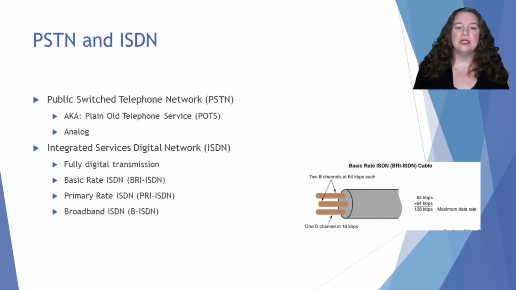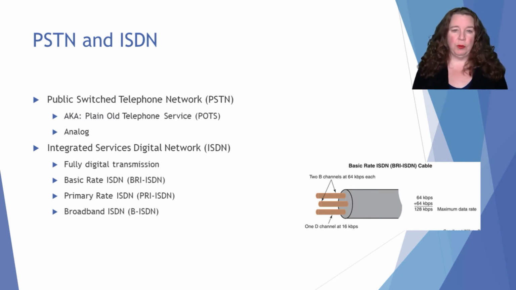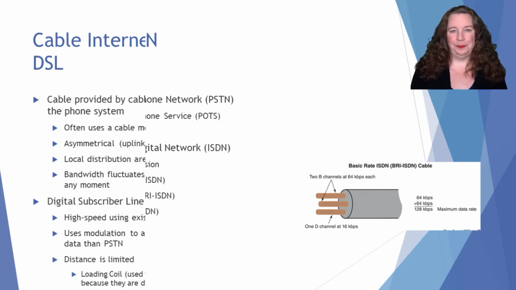And it can go up to about that 1.5 megabits per second as well. So both the primary rate and the broadband both go up to that 1.5 megabits per second, but the primary rate has to send a single frequency where the broadband can send multiple frequencies. So these are our options with ISDN.